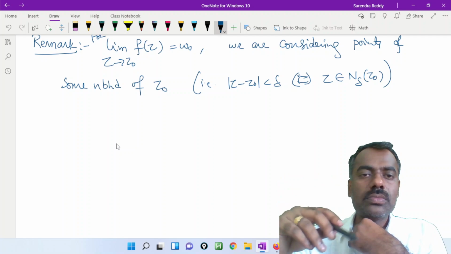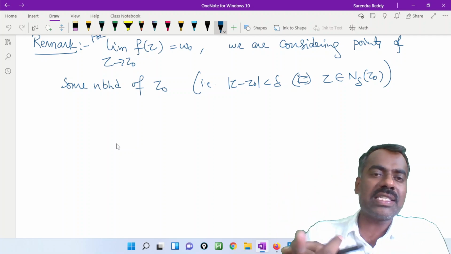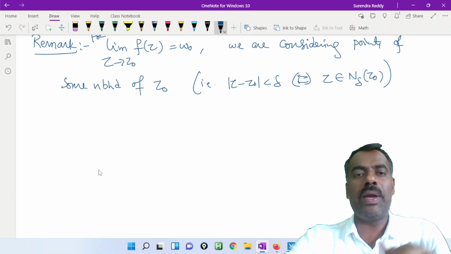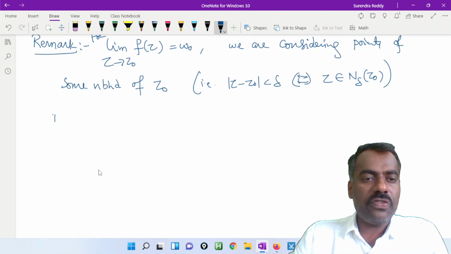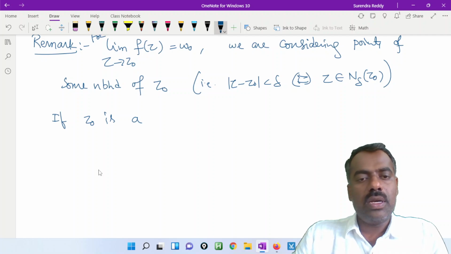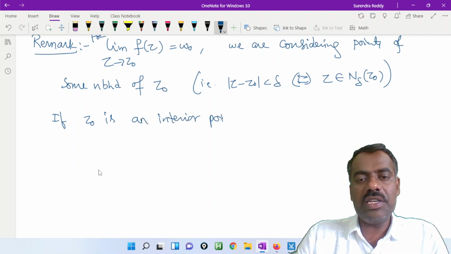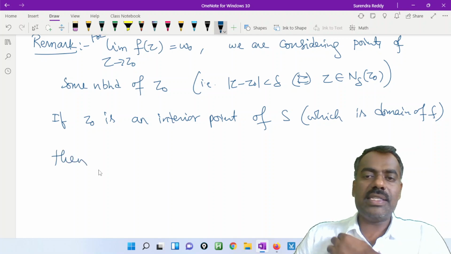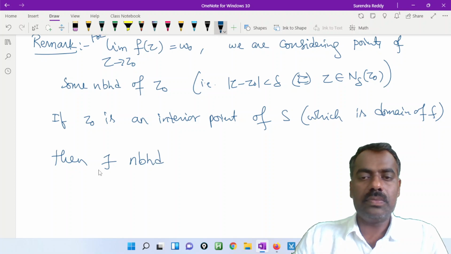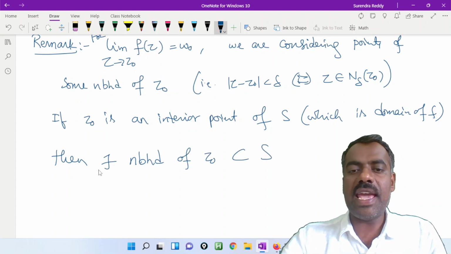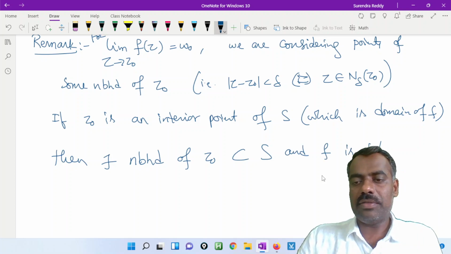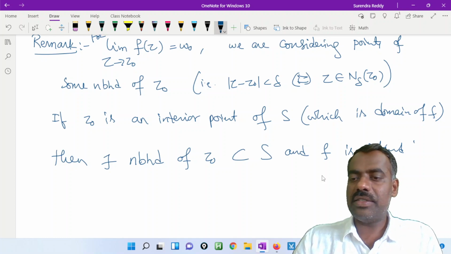If z0 is an interior point of s, which is the domain of f, then there exists a neighborhood of z0 completely contained in s, so f is defined for all those points.